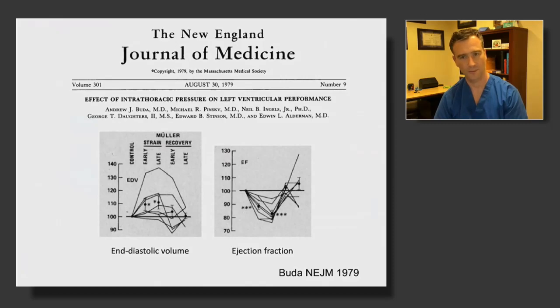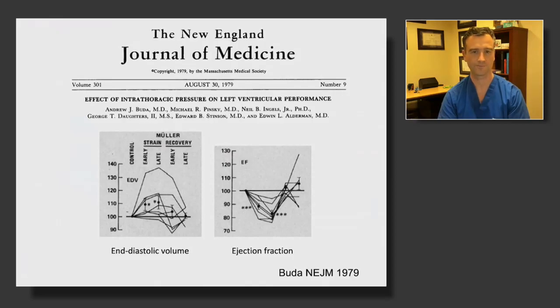So the Muller maneuver is actually acutely reducing left ventricular contractility. And then it's also increasing end diastolic volume, as you can see in the figure on the left. During the Muller maneuver, end diastolic volume actually goes up. So the ventricle's ability to empty is acutely impaired. So this highlights the hemodynamic effects of transitioning from positive pressure ventilation to the usual negative pressure ventilation mechanism of the respiratory muscles.